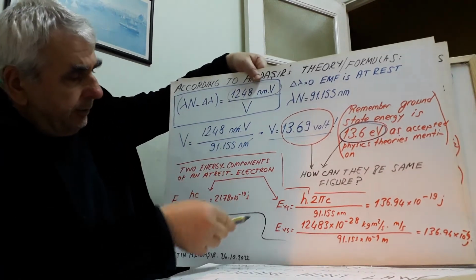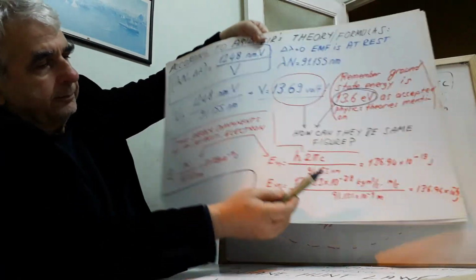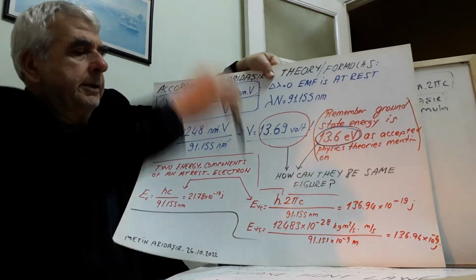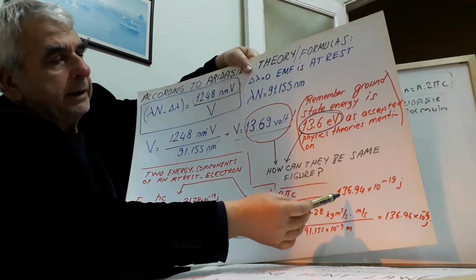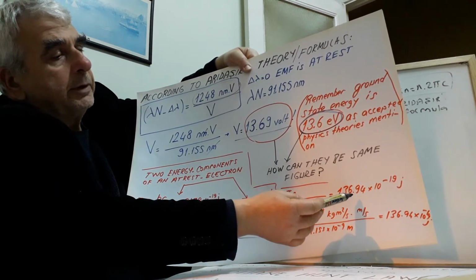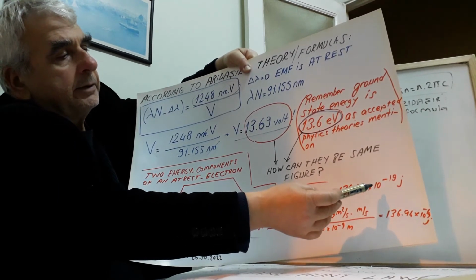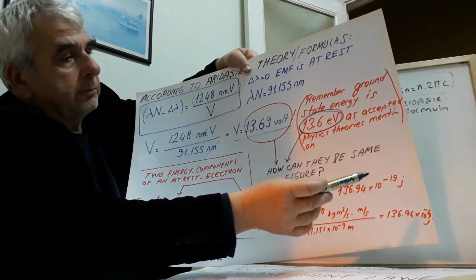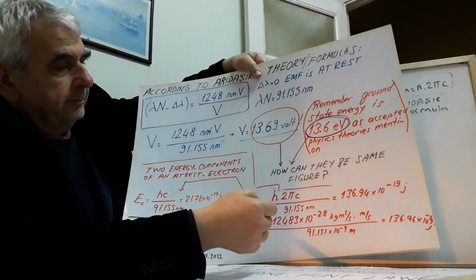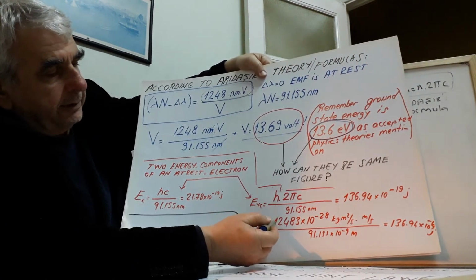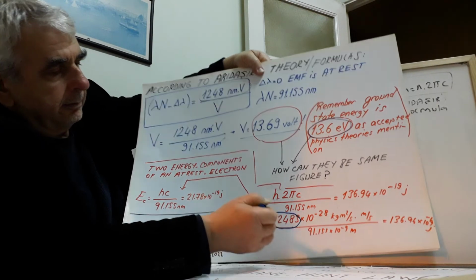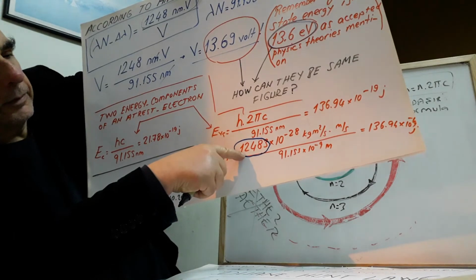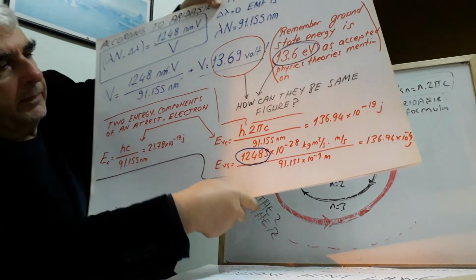Now the linear velocity component of electron motion form is equal to 136.94 10 to the minus 19 joule. Look at that figure. Don't forget this. Look at that figure, okay?